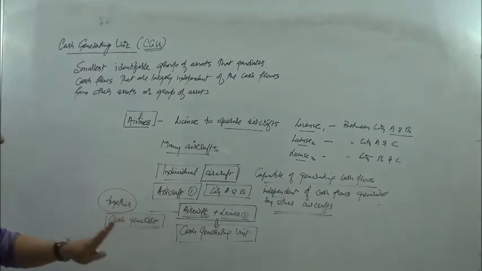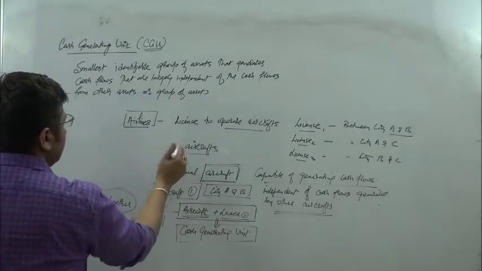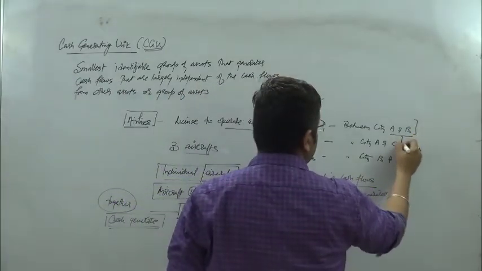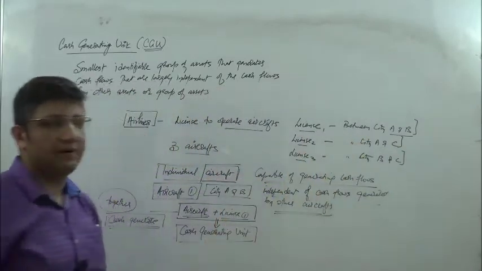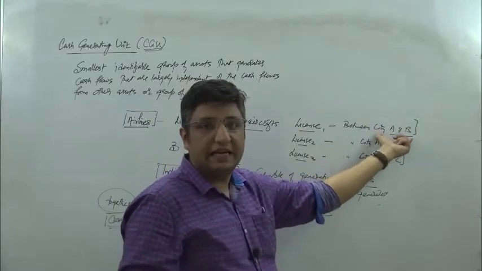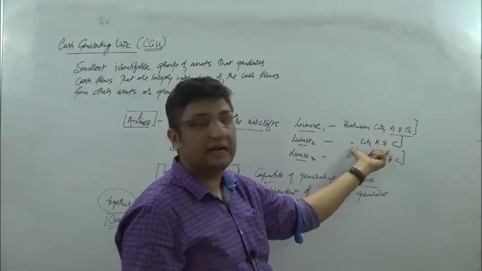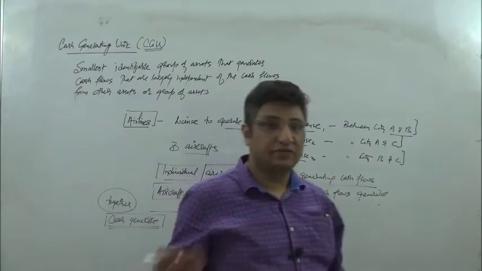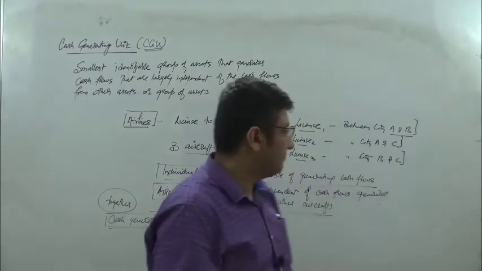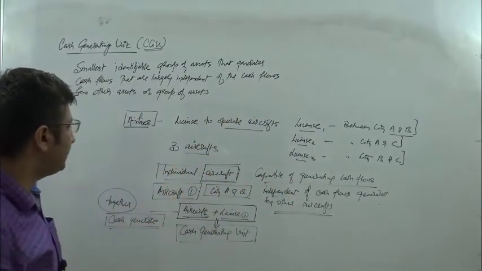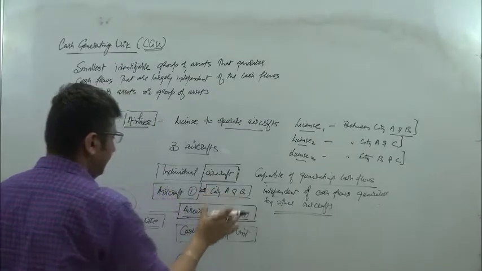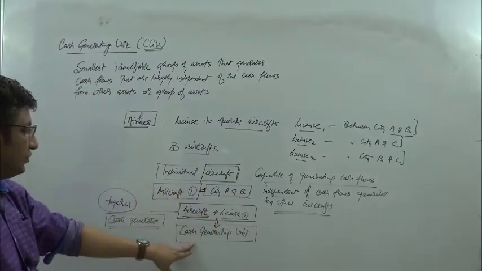Yep. For the sake of convenience, let's say there are only 3 aircrafts operating individually between these cities. So let's say there is an aircraft 1 operating between A and B, aircraft 2 operating between A and C, and aircraft 3 operating between B and C. So when I say that, I'm looking at a combination of aircraft 1 which operates between A and B. These together would become a cash generating unit.